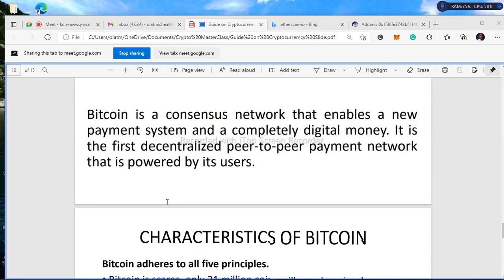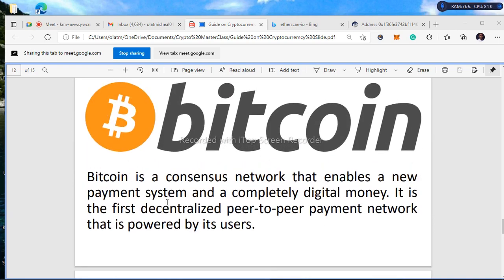So like we said, Bitcoin is a digital form of money and is for peer to peer payment. That means I can send money from my account to your account without the involvement of a third party. That is why Bitcoin is mostly used today, because there's no third party between you and the person performing the transaction.